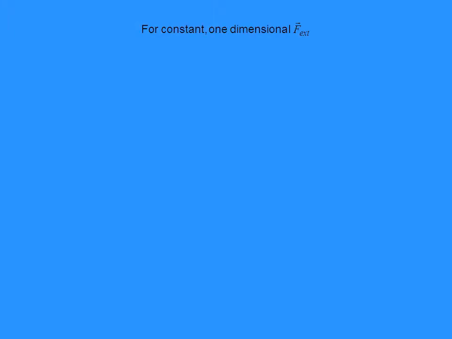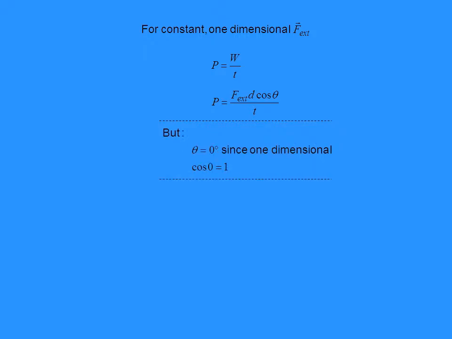Let's say we have constant one-dimensional external forces. Then power is simply work divided by time, the rate of doing work. But if work is the external force times the distance times the cosine of the angle in between, and if we assume here a one-dimensional force, that means theta is 0 because the force and the displacement are in the same direction. And the cosine of 0 is, of course, 1.